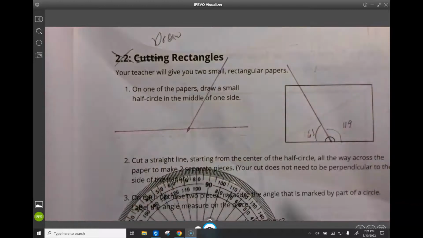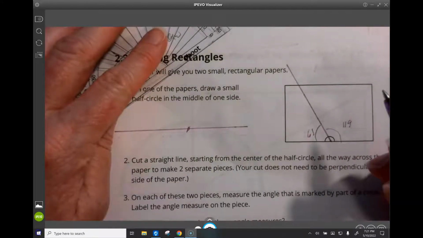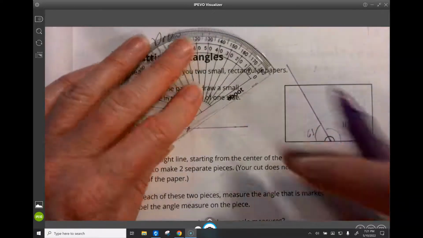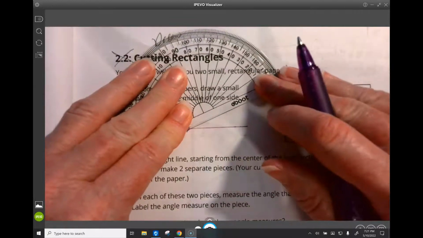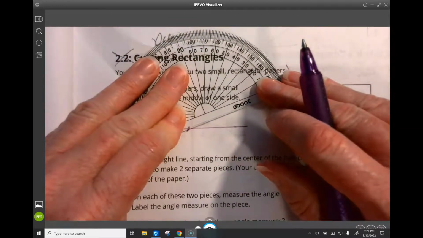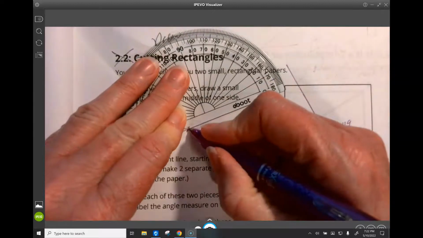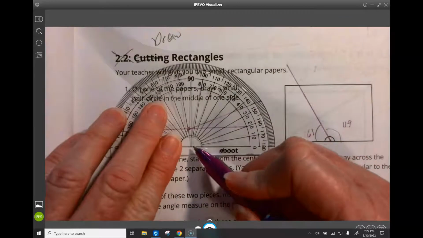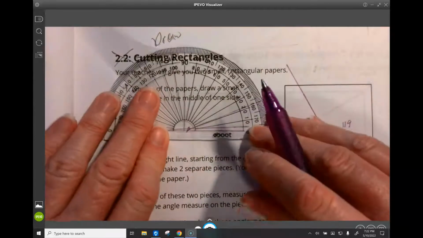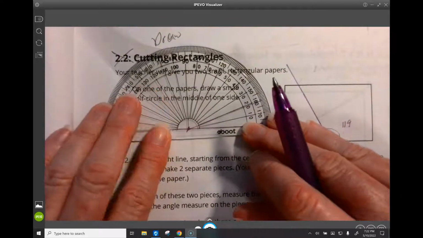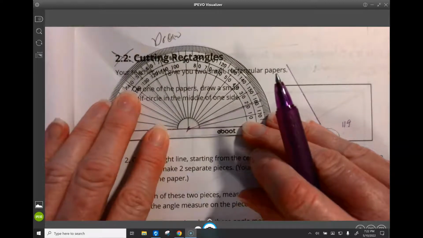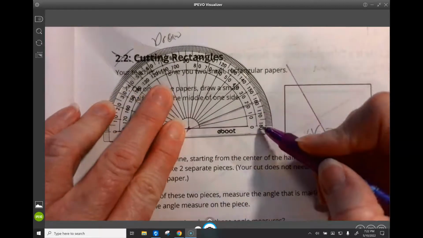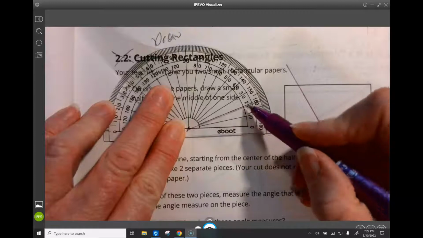Okay, so I'm going to pause. We're all going to go measure our angles. Actually, I'm going to change my line because it came out to be about the same as that. So I'm going to redraw my line. I'm going to make it more like this. Okay, so I'm going to measure it, putting the point right where this is, lining up those sides, and when I go to measure, that looks like it is 19.